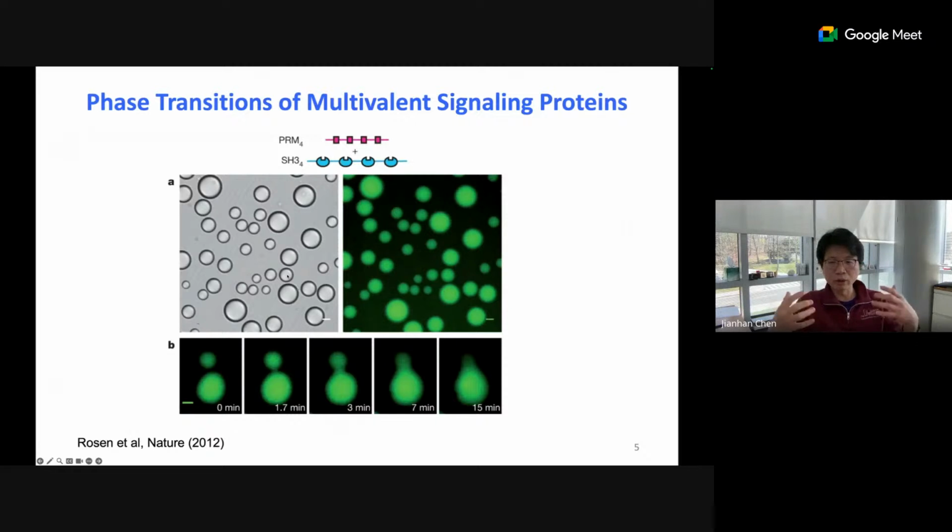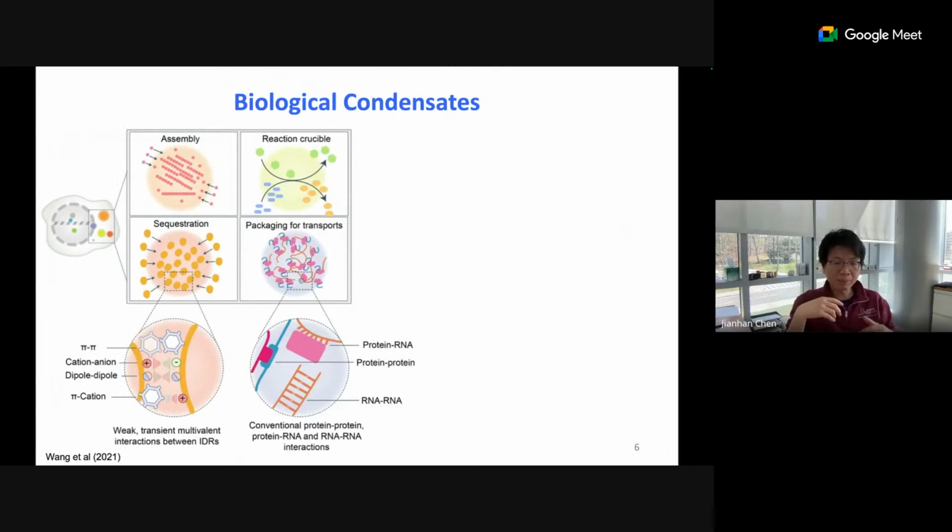So essentially, by engineering this ability for molecules to interact with one another, they have the opportunity to overcome the demixing entropy and phase separate. And he also showed that these are indeed liquid-like droplets. They can merge, they can dissolve and condense reversibly. So since then, there has been a lot of excitement in the field in the last 10 years.